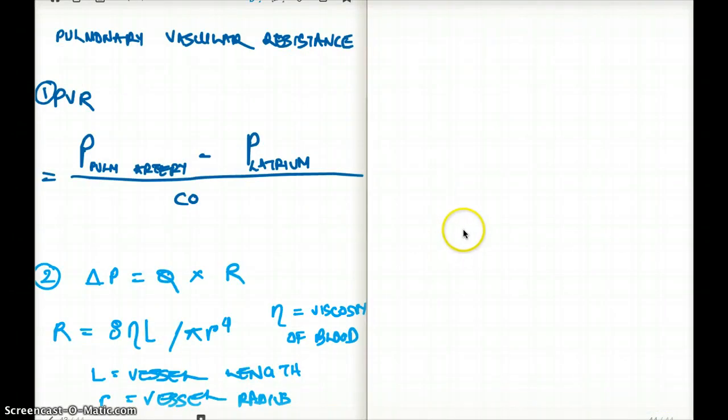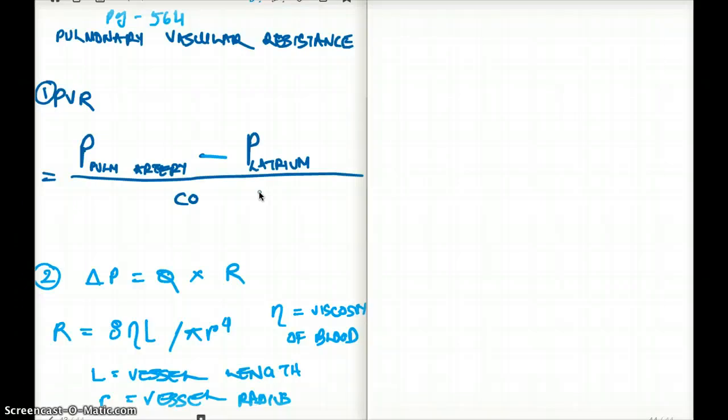Now let's move down to pulmonary vascular resistance. That is also page 564, just after pulmonary hypertension. Pulmonary vascular resistance can be calculated using this equation: pressure in the pulmonary artery minus pressure in the left atrium, so the difference between the left atrial wedge pressure and the pulmonary artery pressure, divided by cardiac output.